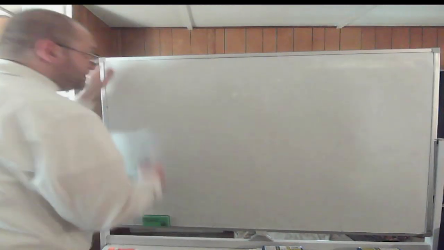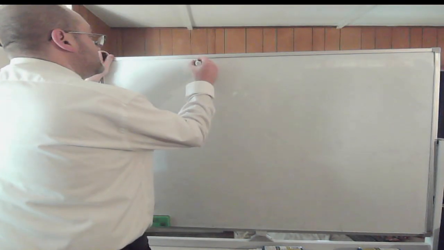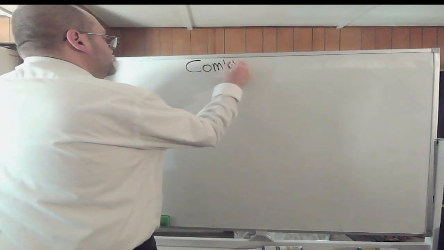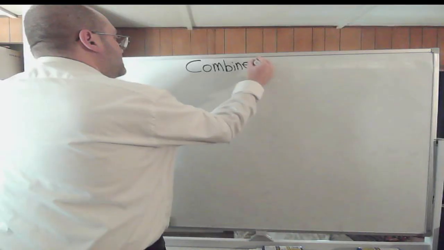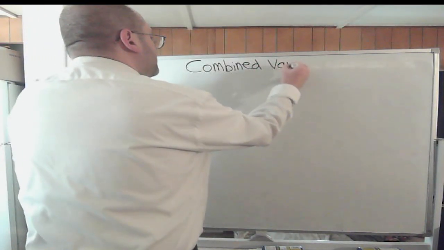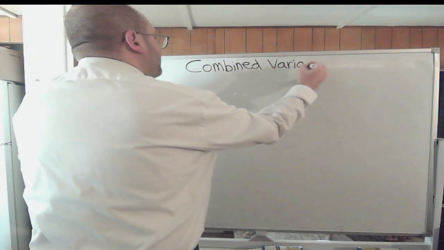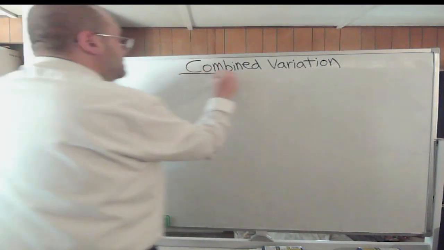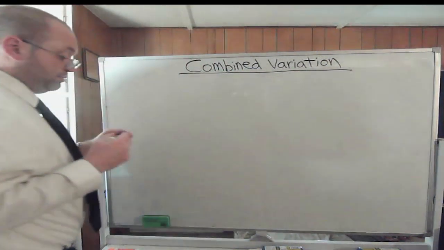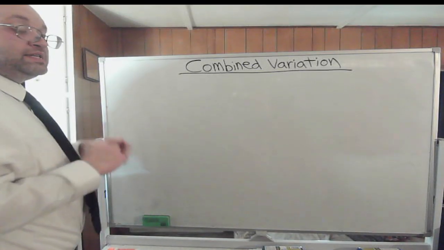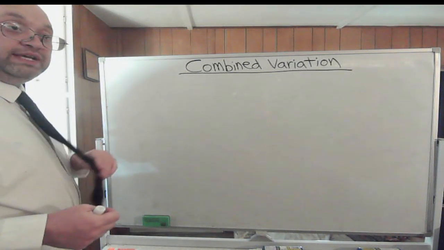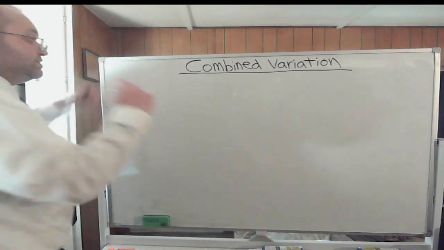Alright, so let's lay this out. Combined variation. Well, combined variation takes both direct and inverse variation and puts them together in one problem. Here's how it works.